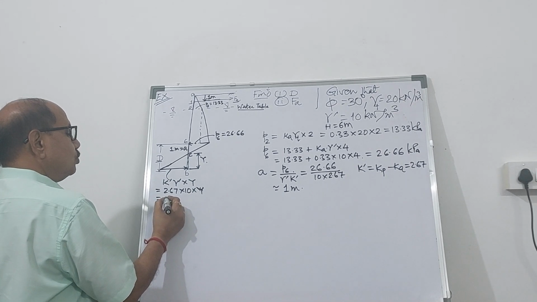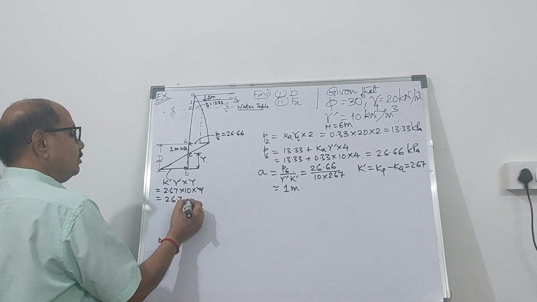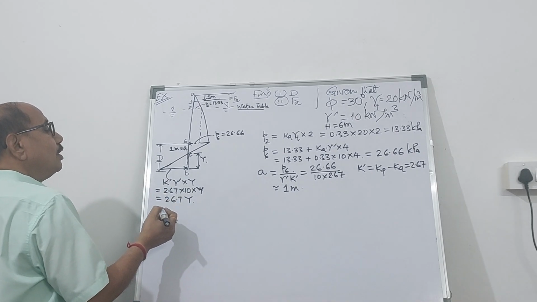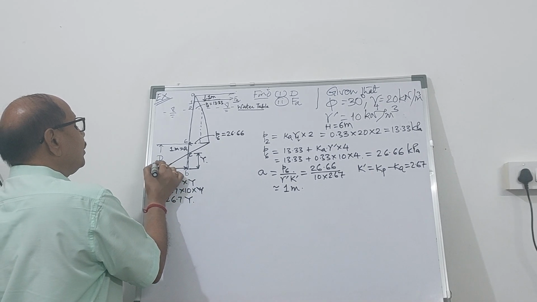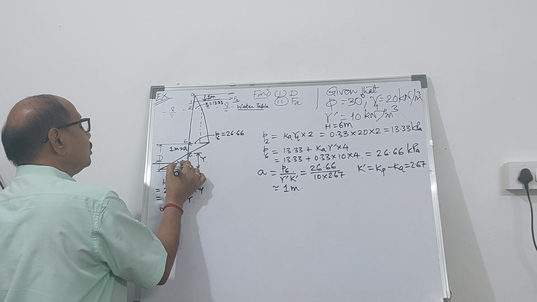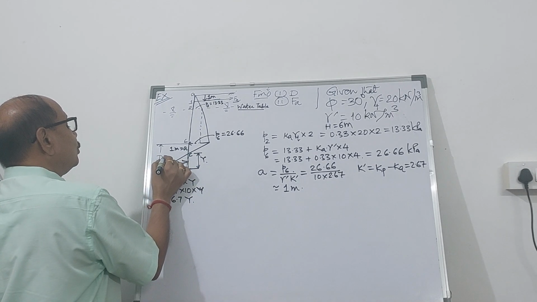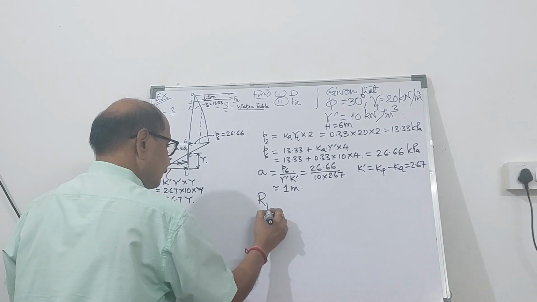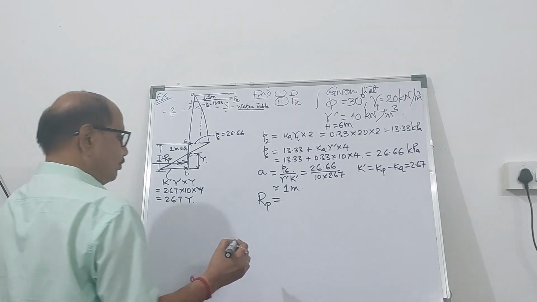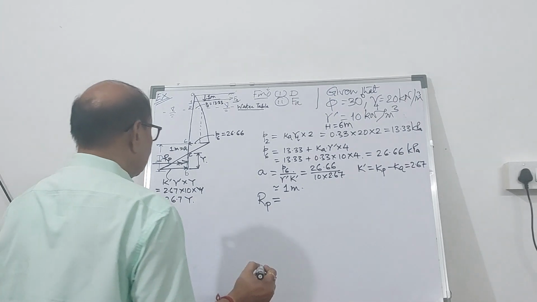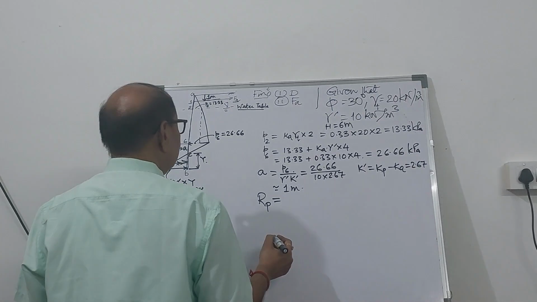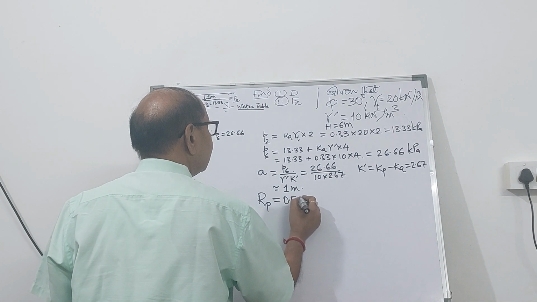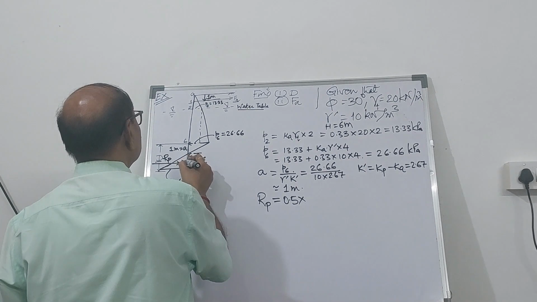So this becomes 26.7 y. Therefore, the passive force Rp you can calculate. So the passive resistance Rp will be given by 0.5 half into base.